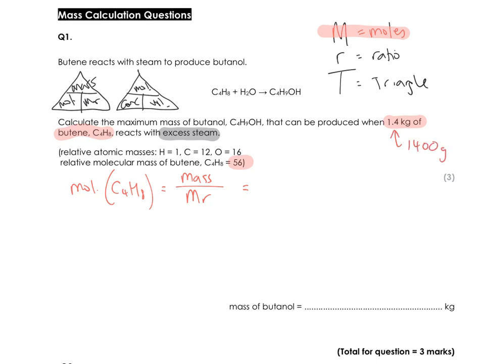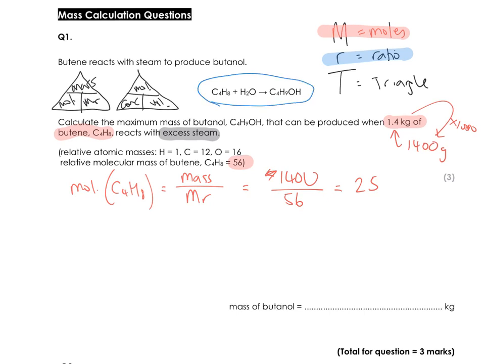To convert kilograms into grams, we multiply by 1000. So that's going to be 1400 divided by 56, and that gives us 25.